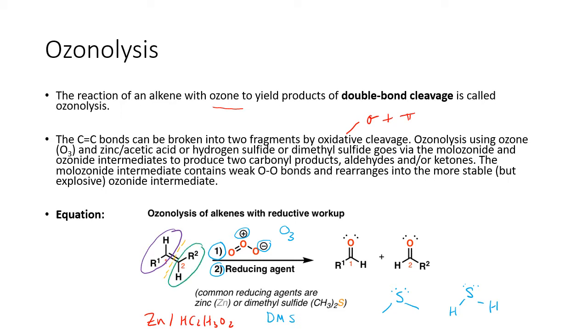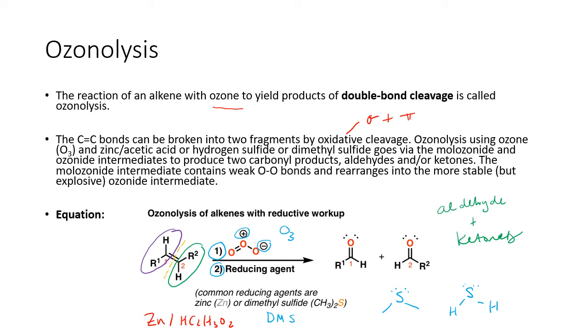We're going to get two products, and we could get two aldehydes, or two ketones, or a combination of aldehydes and ketones. This depends on what our starting alkene is.